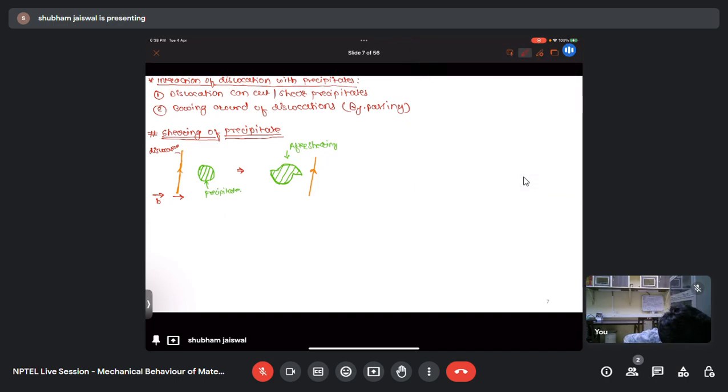This shearing will be equal to the Burgers vector. So in this way the dislocation will move by shearing the precipitate.